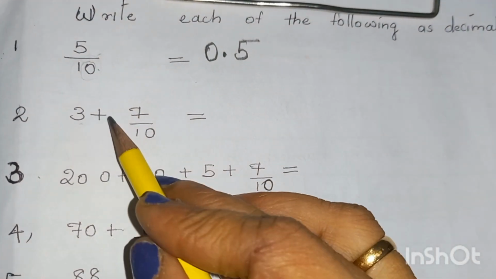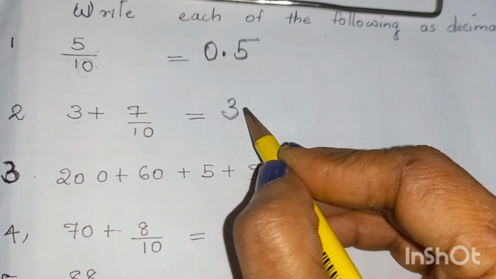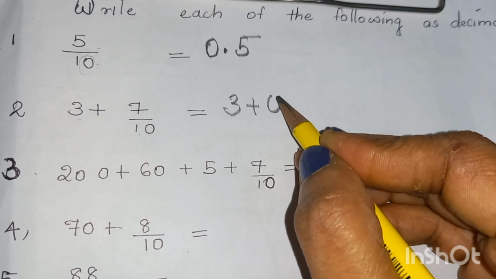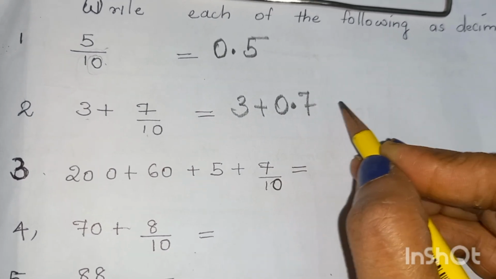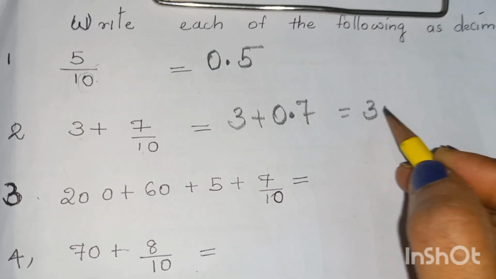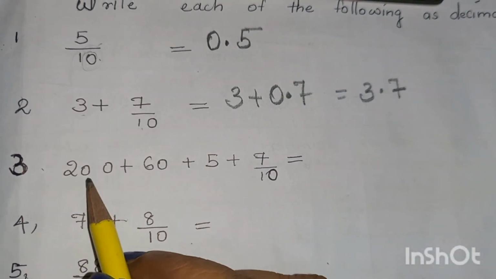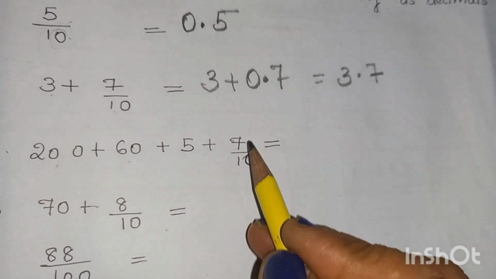So 3 plus 7 by 10. So we can write 3 plus 0.7, only one decimal, 0.7. So we can write 3.7, isn't it? The next one, 200 plus 60 plus 5 plus 7 by 10.